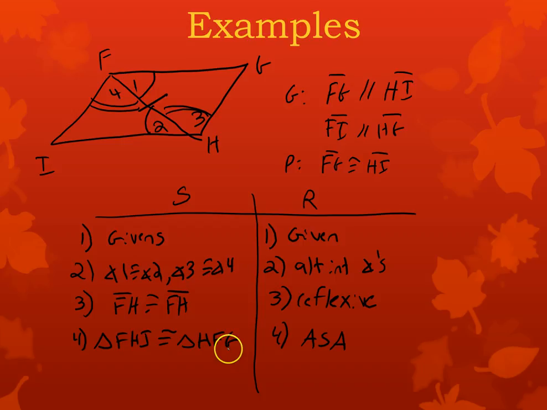And we can now notice that FG and HI are both in the same spots. They're both corresponding sides. So I can say that FG is congruent to HI because of corresponding parts of congruent triangles are congruent. CPCTC.